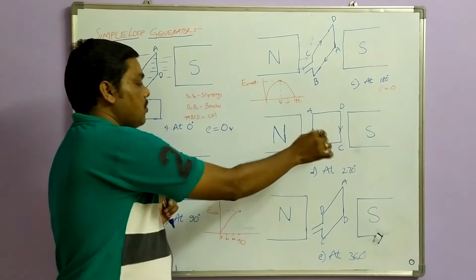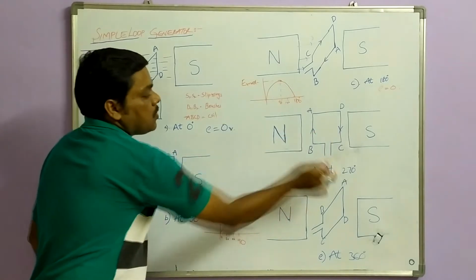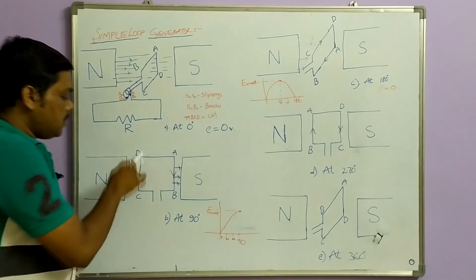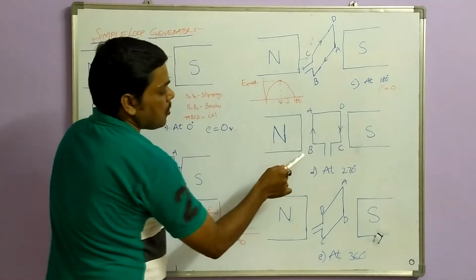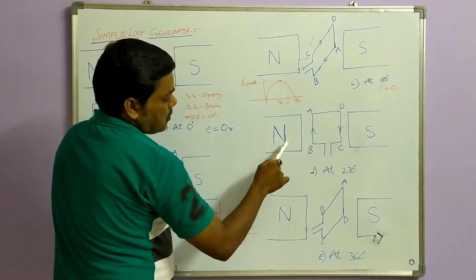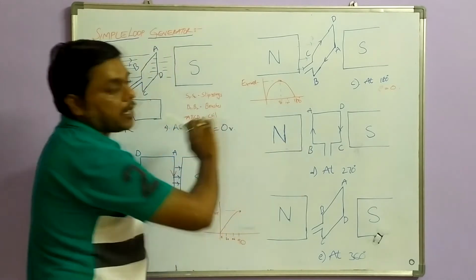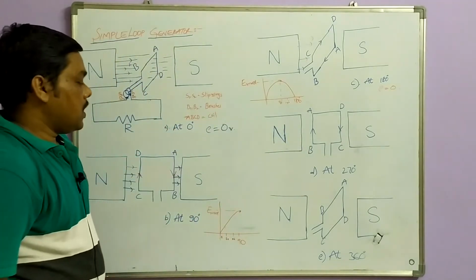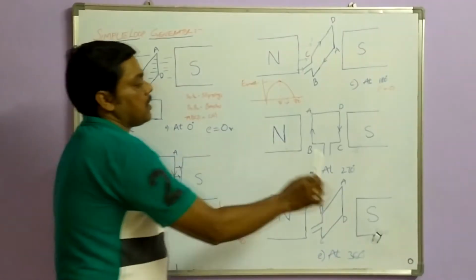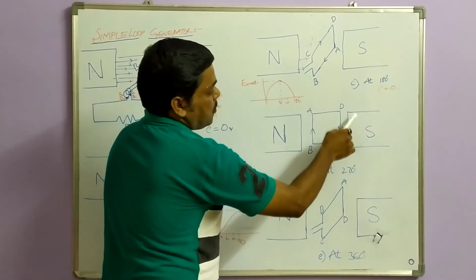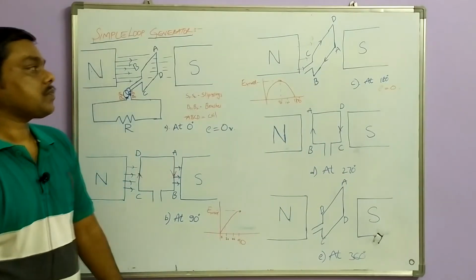Now see, for 90 degrees and 270 degrees position, the coil side under the N pole was CD, but now the conductor under the N pole is AB, and the conductor under the S pole is DC.